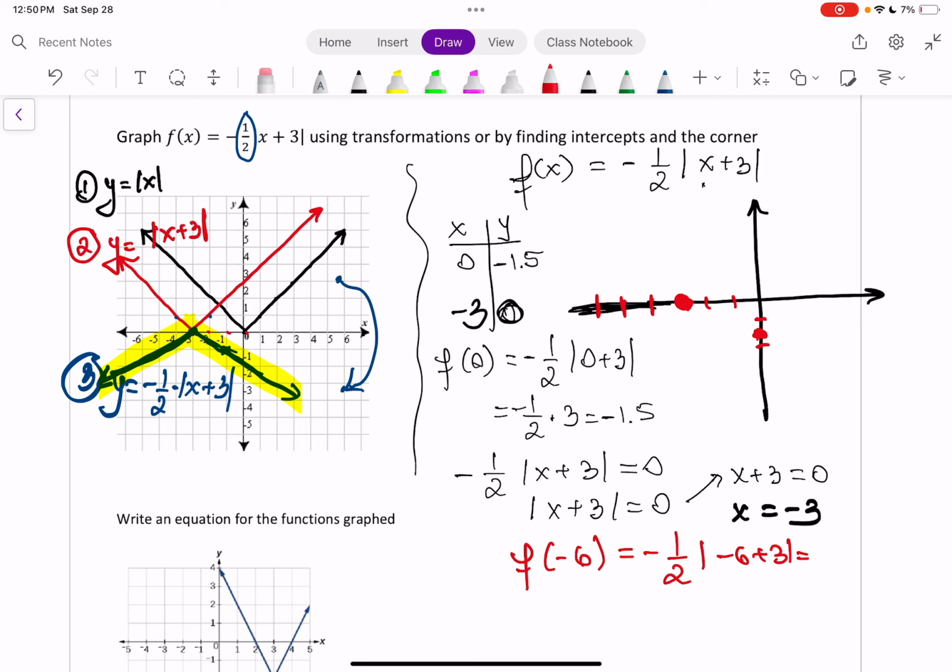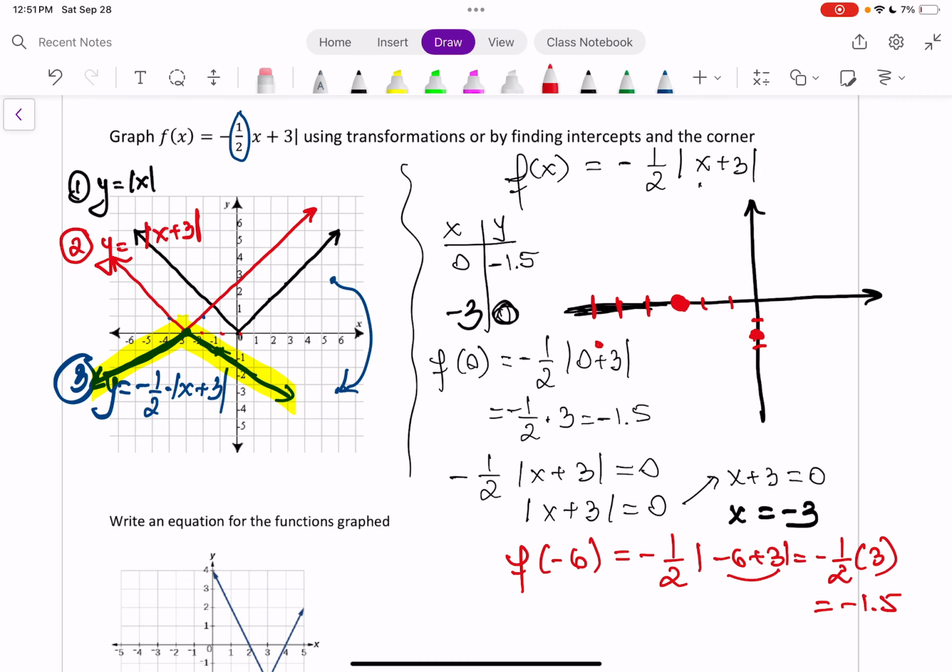Well, I'm going to get a negative 3, and the absolute value of negative 3 is a positive 3. So there's your negative 1.5, which I knew I was going to get. Because of that, we do know that this 0 is our corner point. The other reason I knew that 0 is the corner point is because I'm not crossing it 2 times.